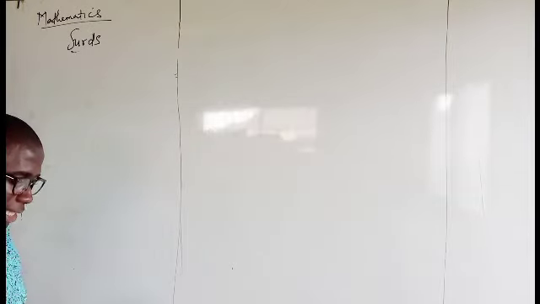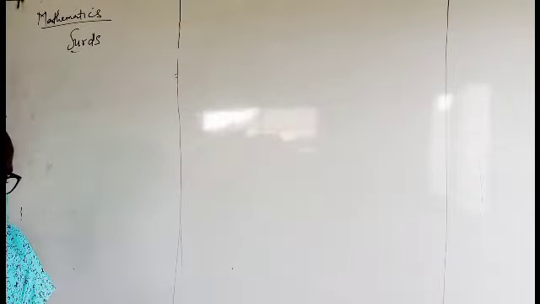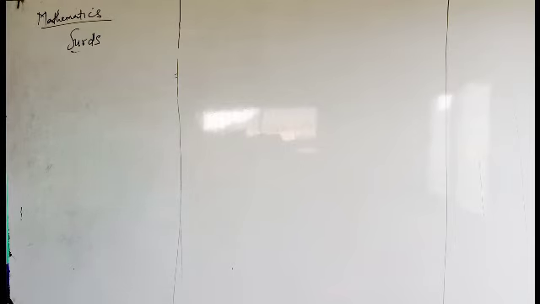So let's look at rationalizing of surds. We are going to rationalize the denominator, and this is the process of making the denominator of fractional surds whole or rational numbers. Okay, so let's try this example.